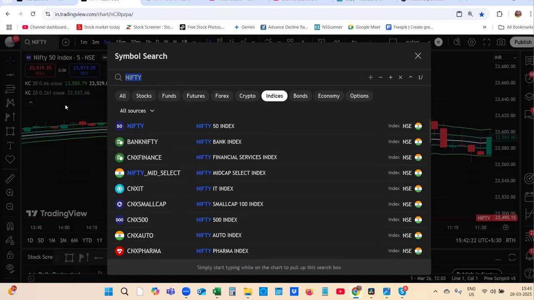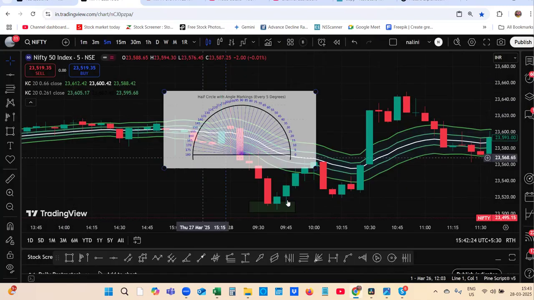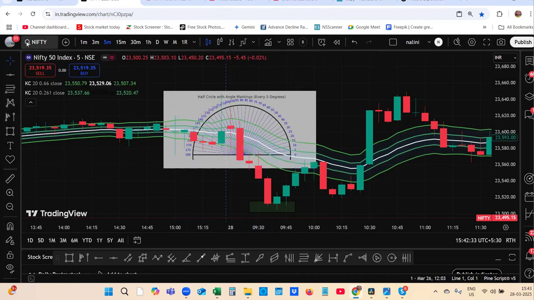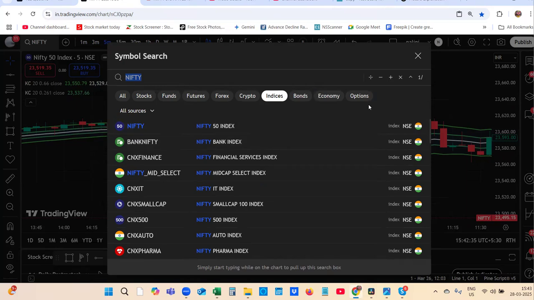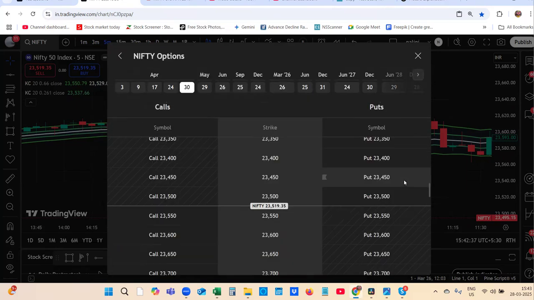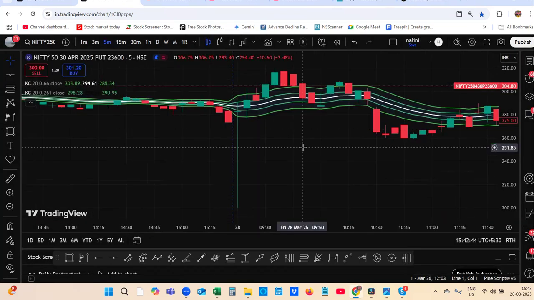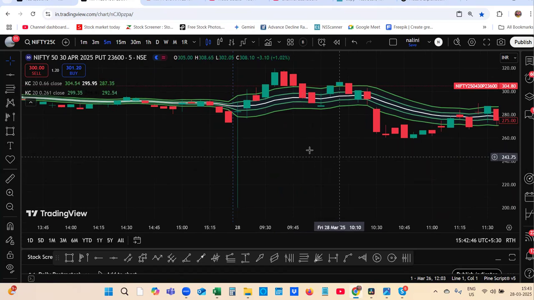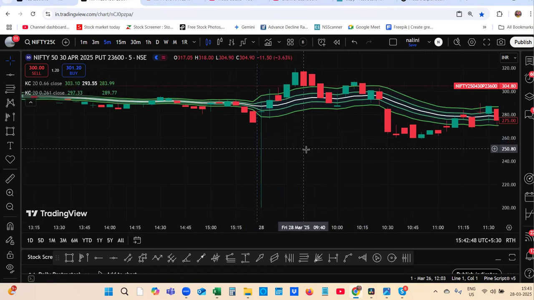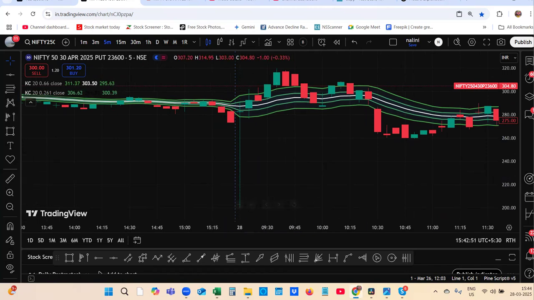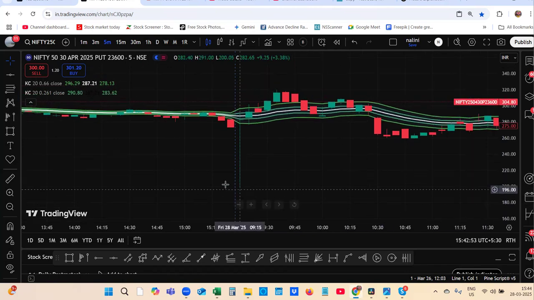What was the level? Let me check, 1 minute. The level when it opened was around 23,607, so you need to go for the 23,600 put option. Okay. See here, it was such a huge down move.